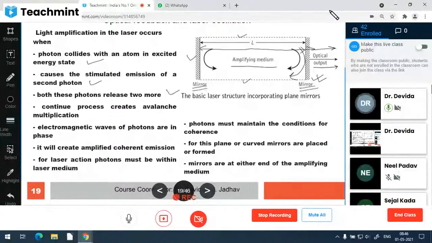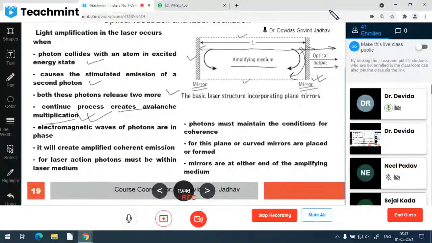This process continues, creating an avalanche multiplication. One photon creates two, two creates four, four creates eight, eight creates 16, 16 creates 32, 32 creates 64, 64 creates 128, and so on.